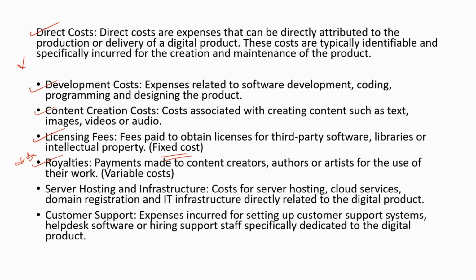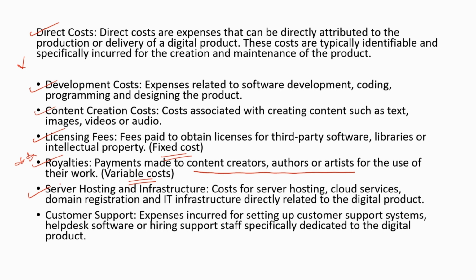Royalties are payments made to content creators, authors, or artists for the use of their work. These are considered to be variable costs because every time a product is sold to a third party, the content creator, author, or the artist of that product will get paid. Therefore, it is a variable cost. Server hosting and infrastructure.